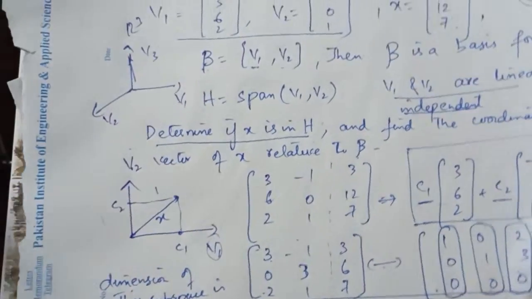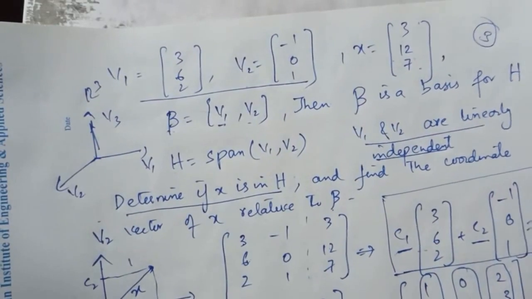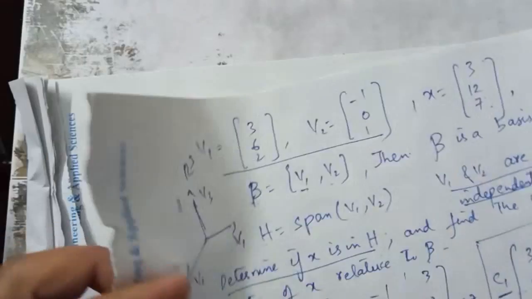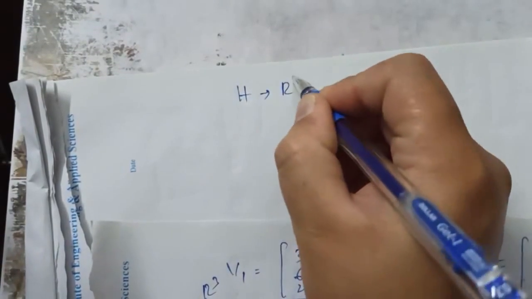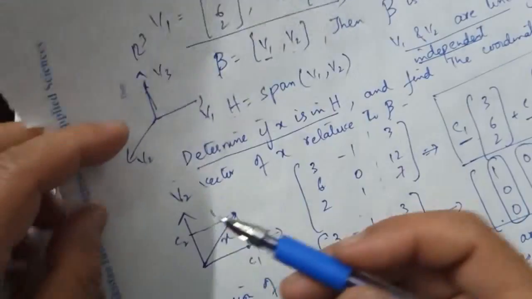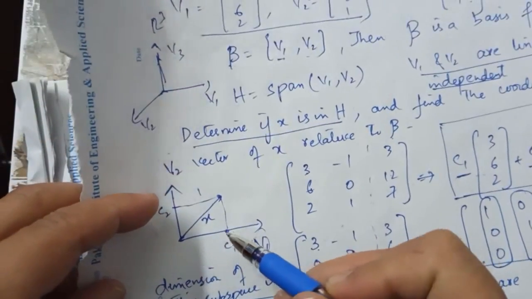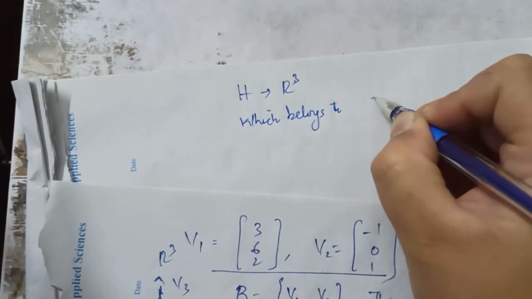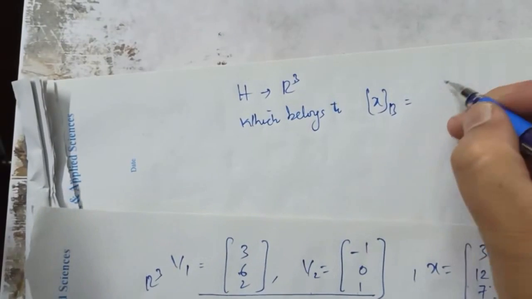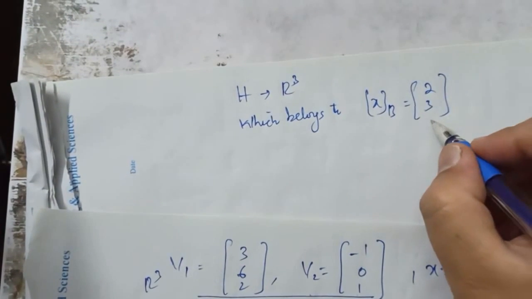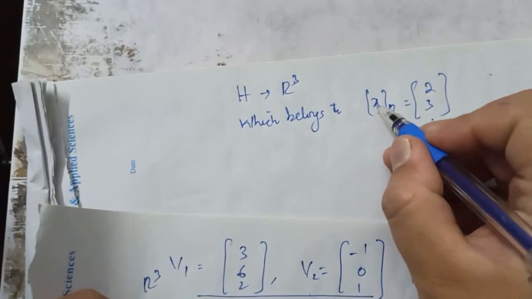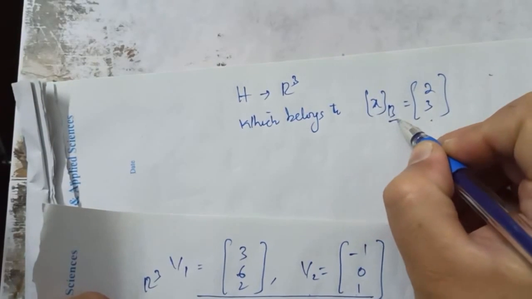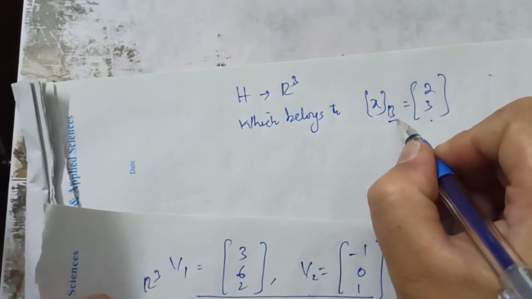Although the points in H are also in R cube, they are completely determined by their coordinate vectors, which belong to R square. That means x of B is equal to 2 and 3. So these are the coordinate vectors that completely define x relative to the vectors in B.